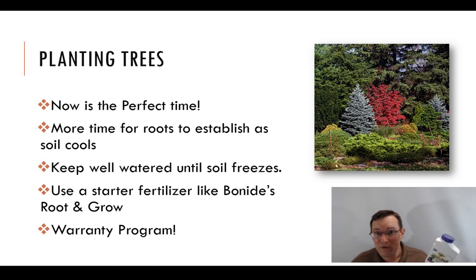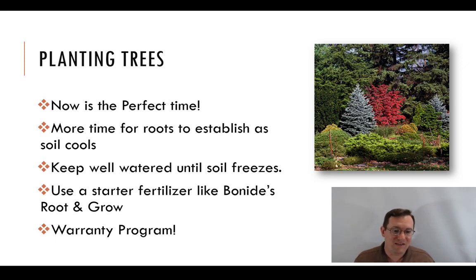Now, something cool that we have is a deal with Bonide where you can get a 2-year warranty on your trees if you buy them through Bob's and you buy Root and Grow and a soil amendment. So if you buy a tree, soil amendment, and Root and Grow, you can get a 2-year warranty on your tree.